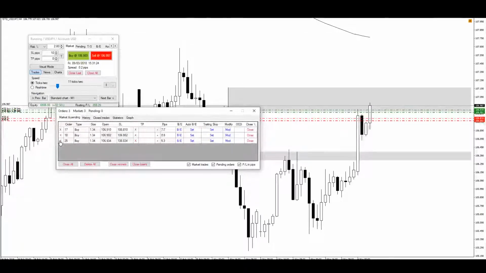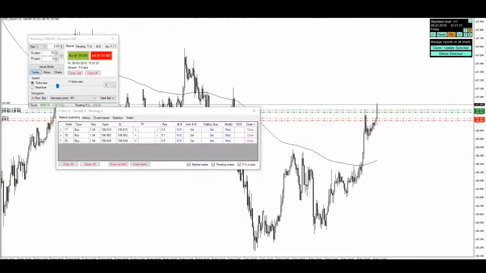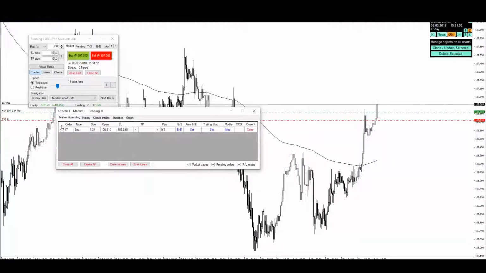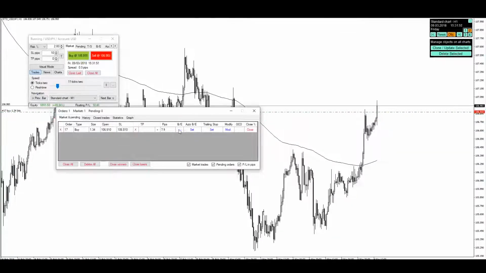It's straight in that liquidity area. Numbers were good. Oh shit, there you go. There's a push. Break even, and that's it.